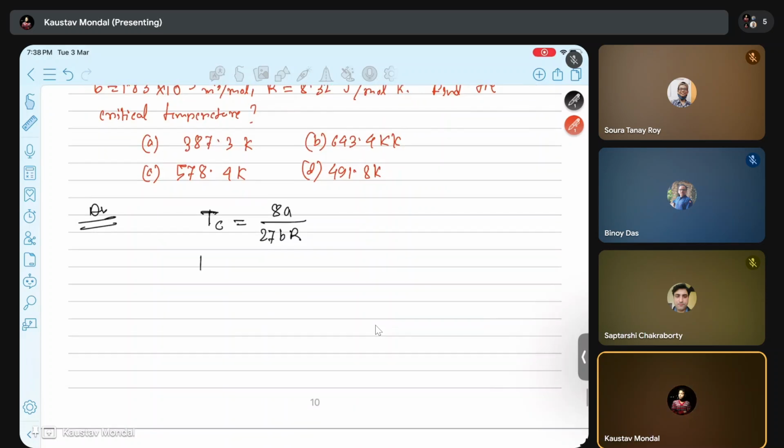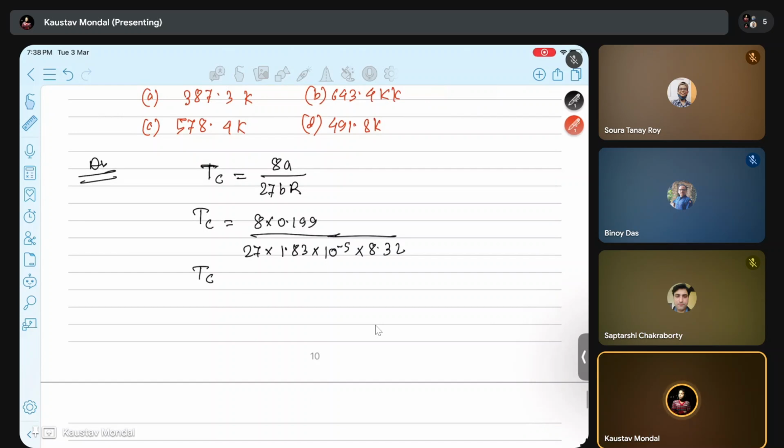So Tc is simply 8 into 0.199 divided by 27 into b, which is 1.83 into 10 to the power minus 5, into 8.32. Now simply calculate this. This will give you 387.26 Kelvin.